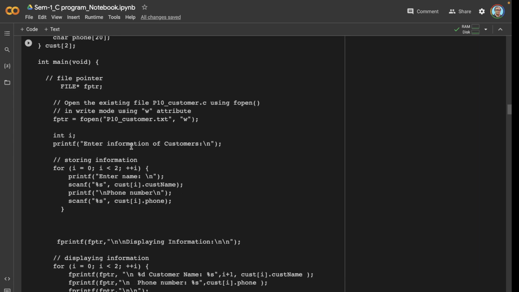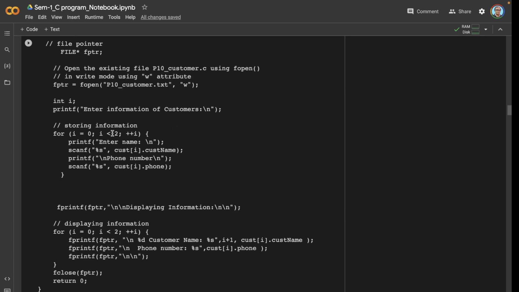Integer i. Print "Enter the information of customers", storing the information for i equal to 0, i less than 2, i plus plus. Printf "Enter name", with percent s for the string, customer[i], for i equal to 0, the first customer, dot customer name, and phone number, customer[0] dot phone.